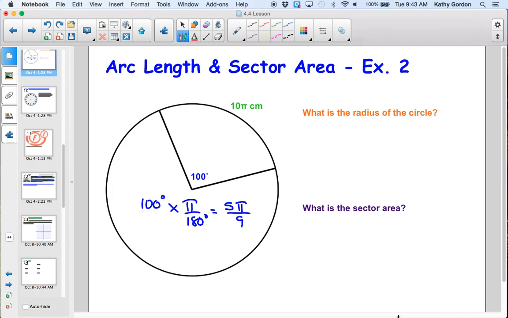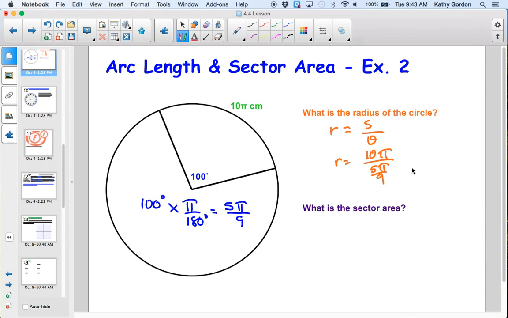Hagen, what would our equation look like? r equals x over... Okay, so r is going to equal 10 over 5 pi over 9. How do I deal with that?